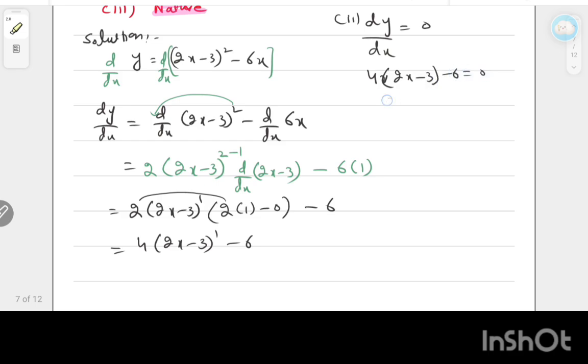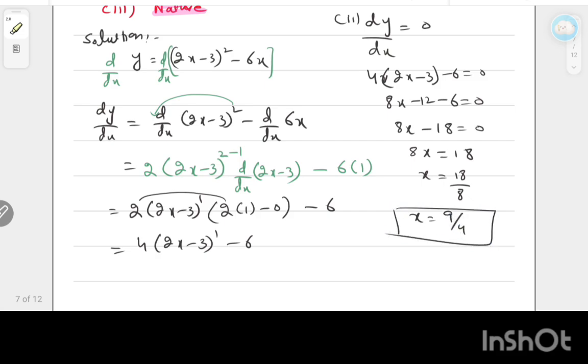So 4 twos are 8x, 4 threes are 12, minus 6 equal to 0. 8x minus 12 minus 6 is minus 18 equal to 0. So 8x equals 18, and x equals 18 by 8, so 9 by 4.